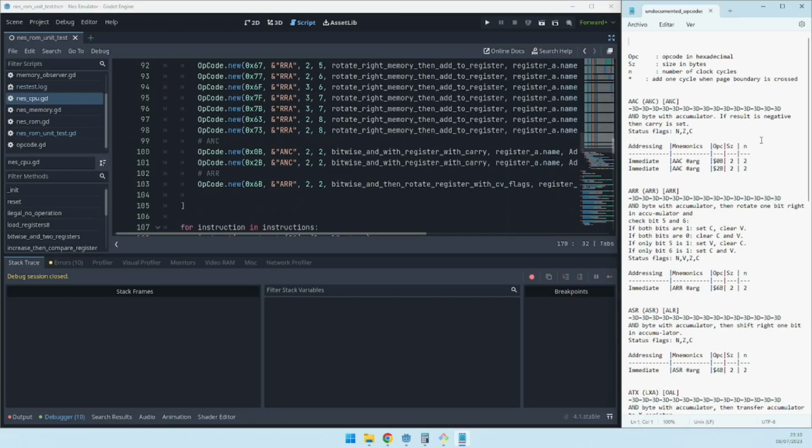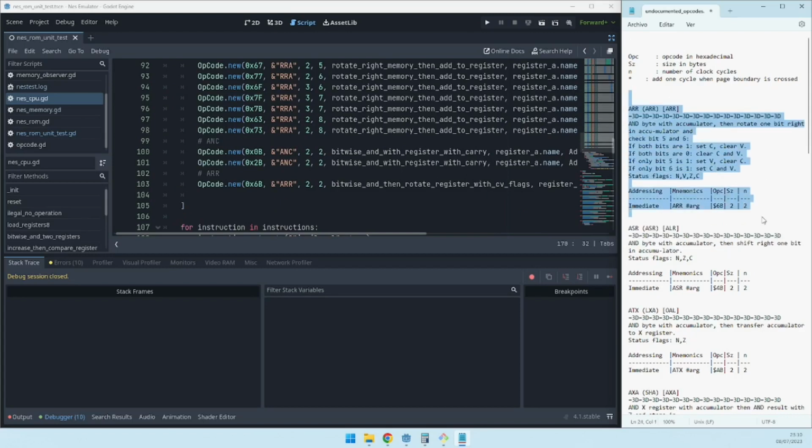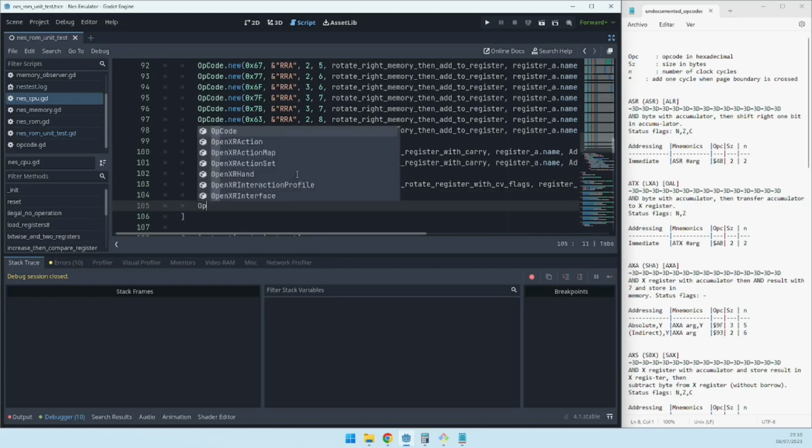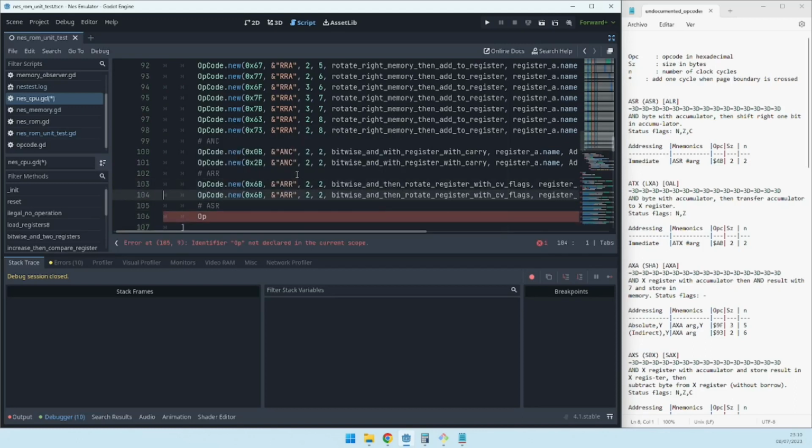Okay, ANC is already implemented and ARR is already implemented. Awesome. Save. Next is ASR. Let's just copy it.